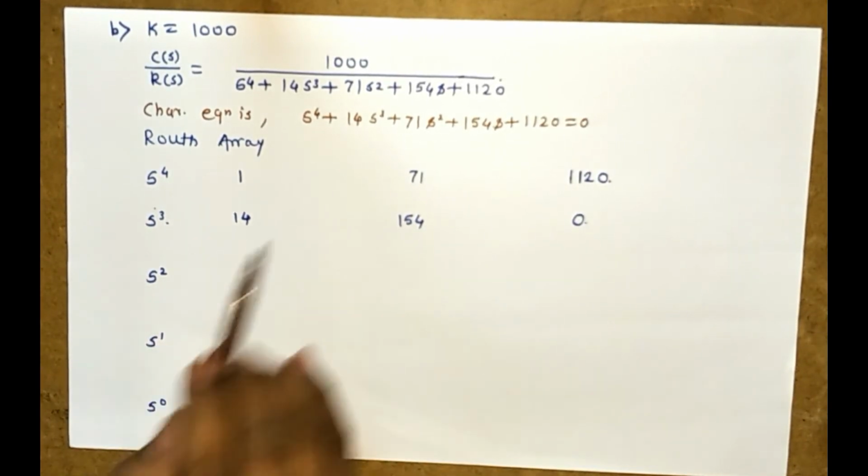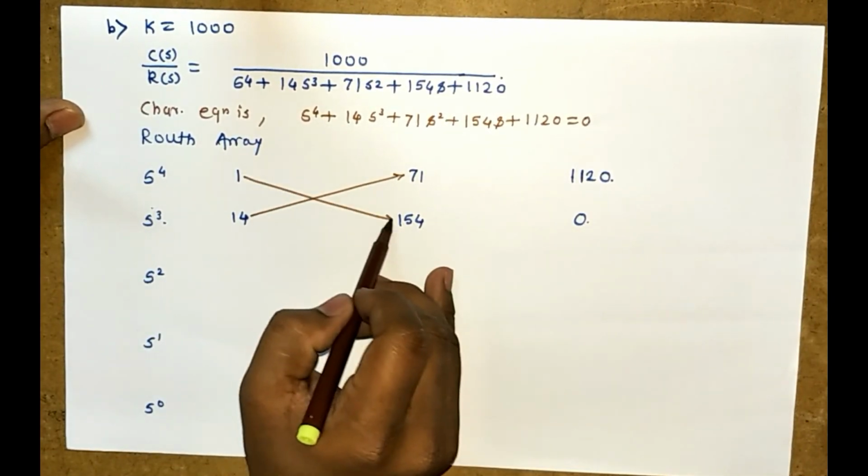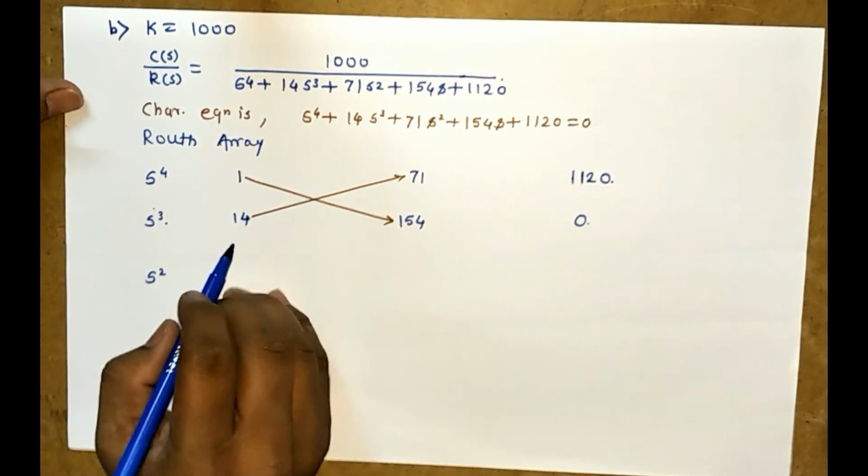Now for the third row, solve the matrix: 14 into 71 minus 1 into 154 divided by 14.